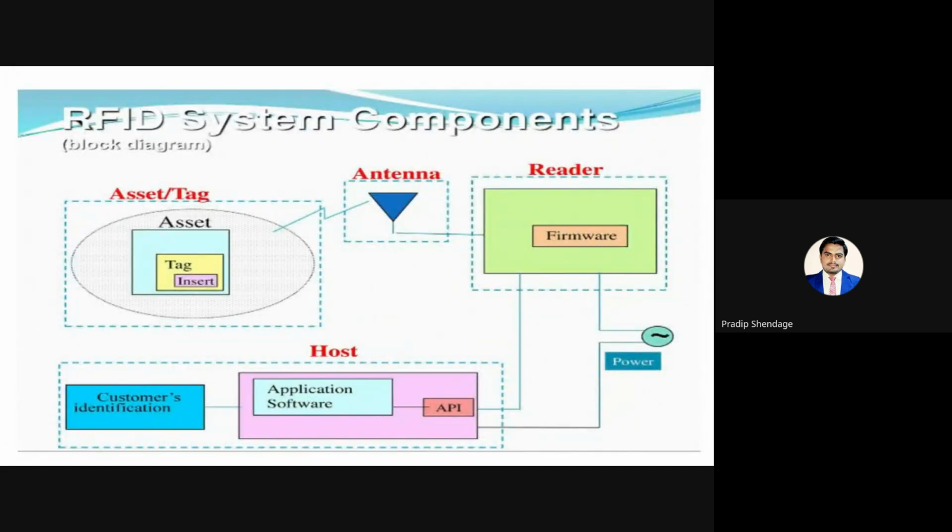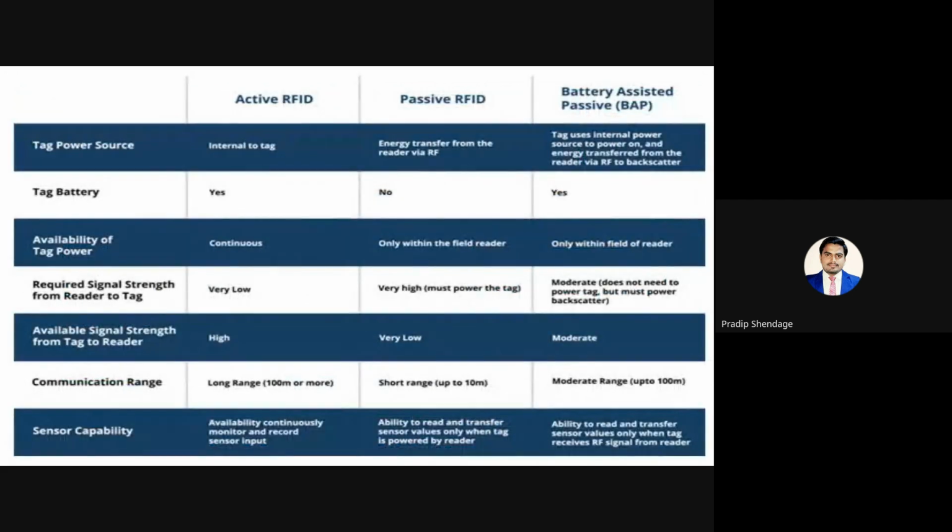We have already discussed the types and the RFID system components diagram. This is another block diagram of our RFID. Now we can see the difference between active RFID, passive RFID, and battery assisted passive.